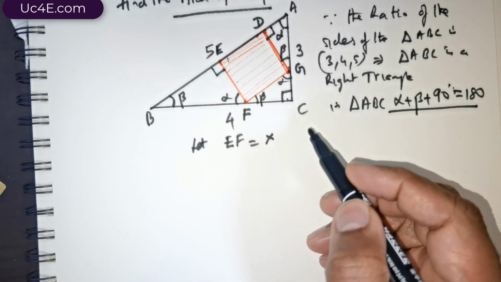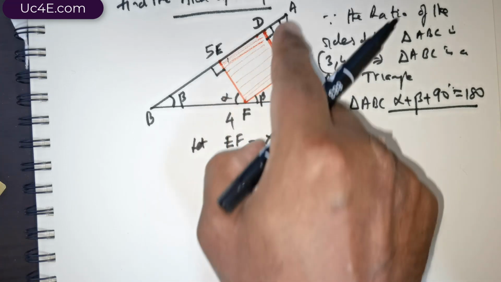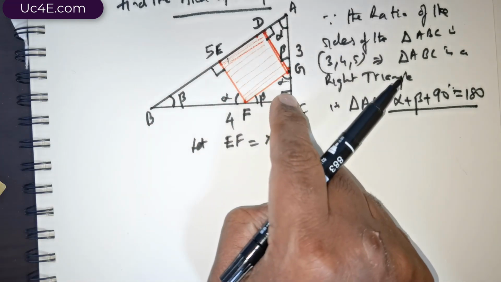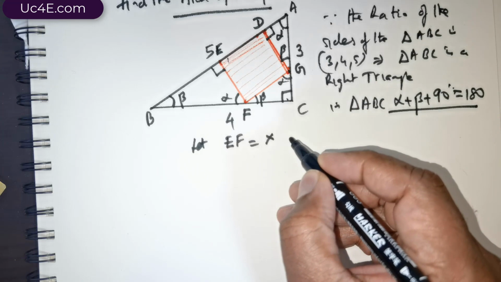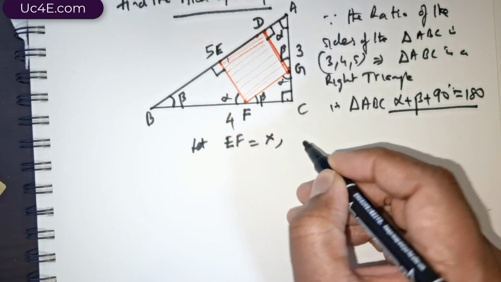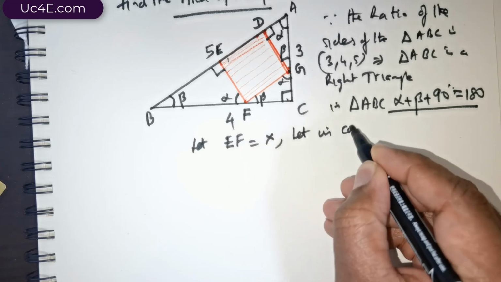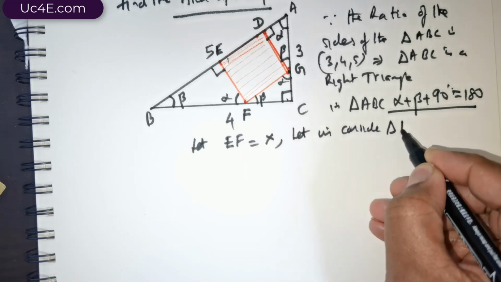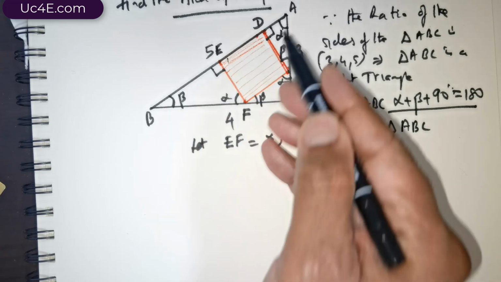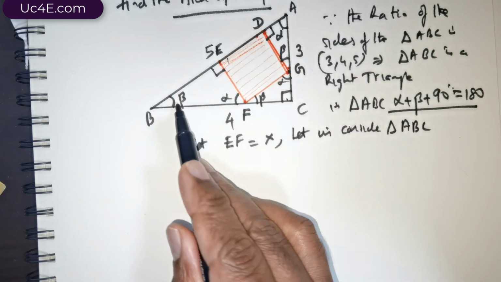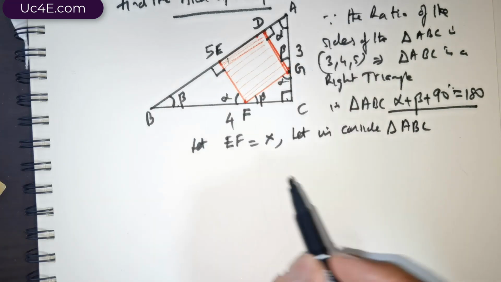Now what I wish to do is, I would like to use this main angle and extract the value for sine beta and cos beta. So let me state that let us consider triangle ABC. So in triangle ABC, I take sine beta.